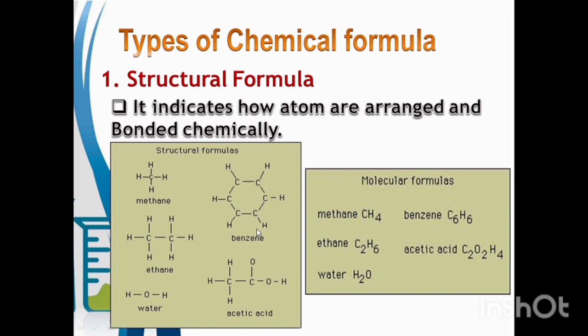Benzene is composed of 6 carbon and 6 hydrogen. While acetic acid is composed of 2 carbon, 2 oxygen, and 4 hydrogen. So these are the structural formulas of each compound.